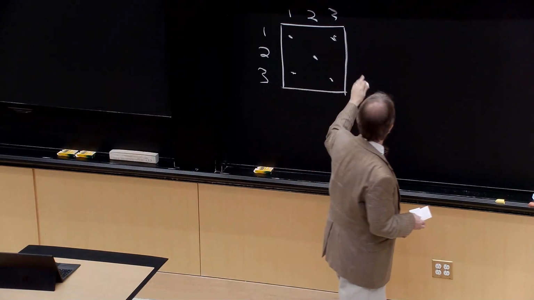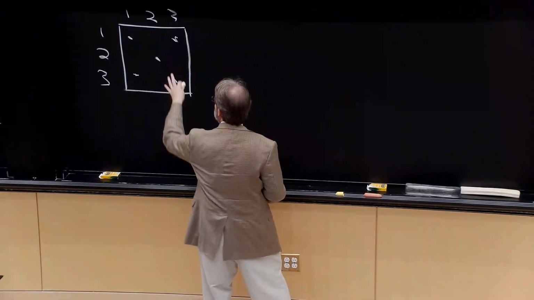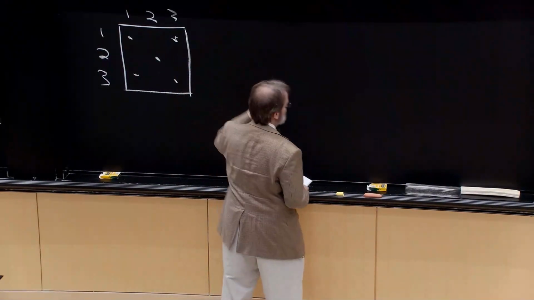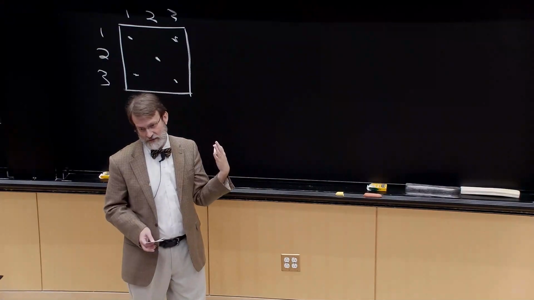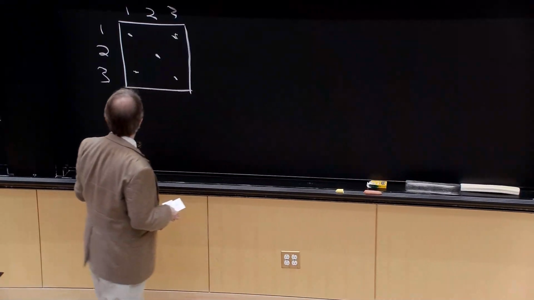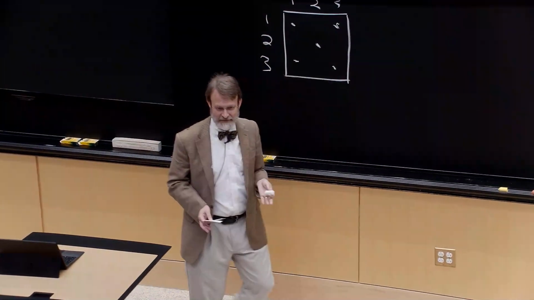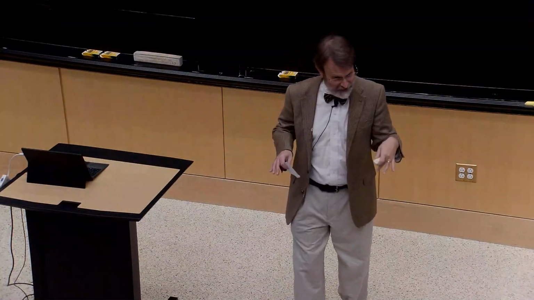Now, another thing that we can do here is this matrix can also be represented as a graph. Likewise, a graph can be used to represent a matrix. So for instance, let's say I had 3 computers on the internet. There was a time when there were only 3 computers on the internet, and I think those computers were here in Cambridge.